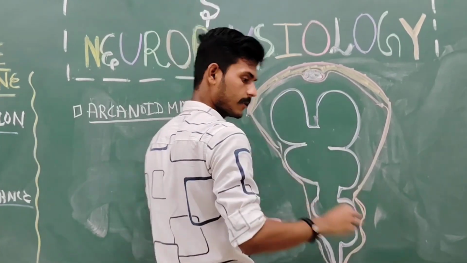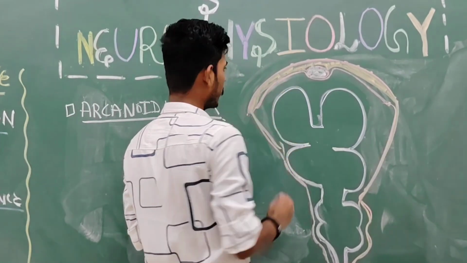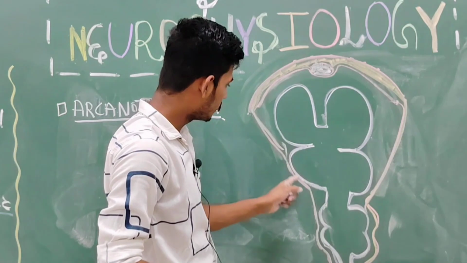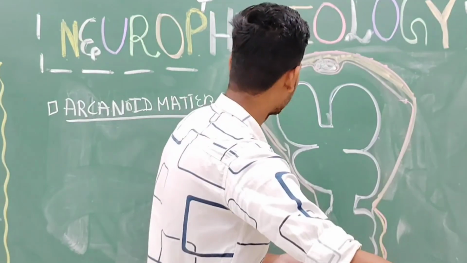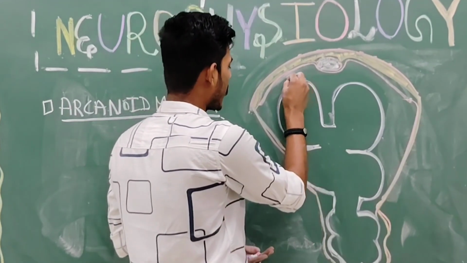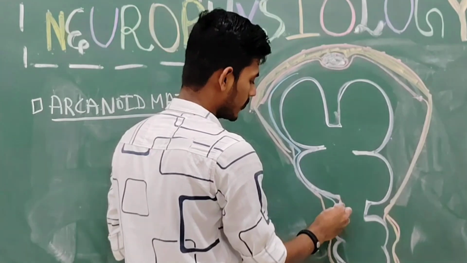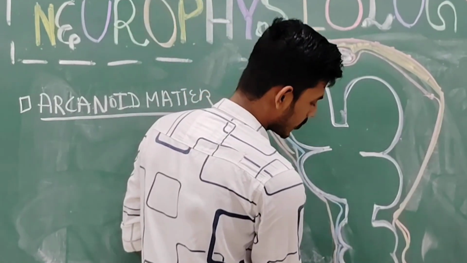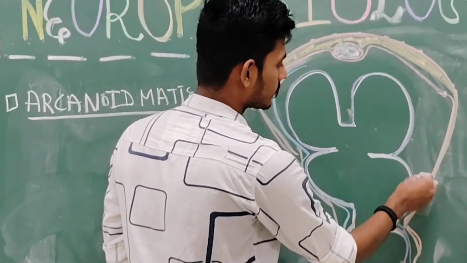Once again, this is your dura mater, and between the dura mater and this meningeal layer there will be one more layer, and this layer is called the arachnoid mater. Arachnoid mater is avascular, a soft web-like structure, and it is a lucent layer.